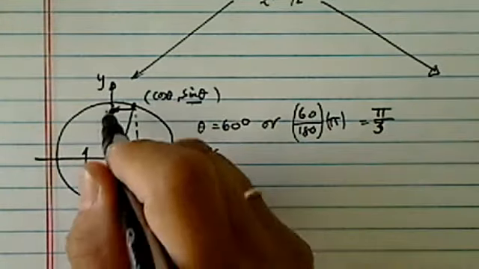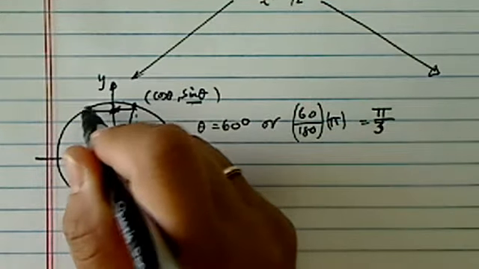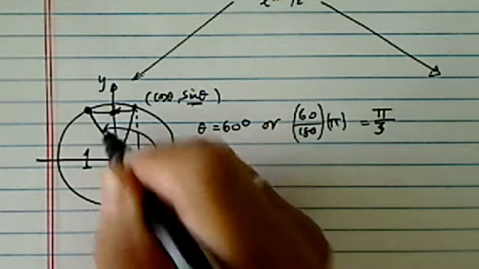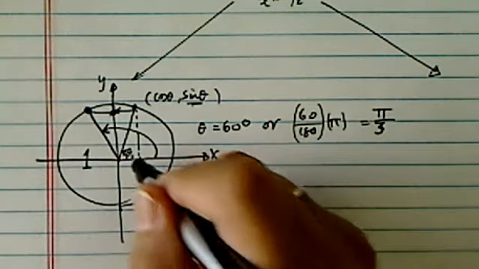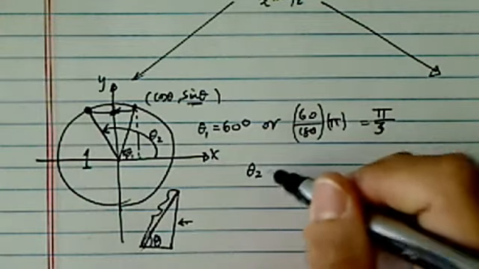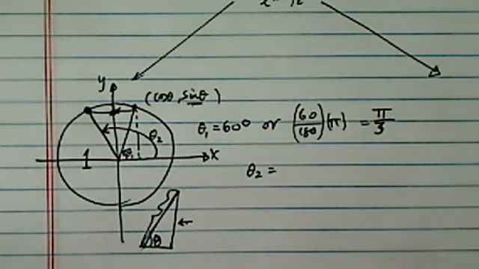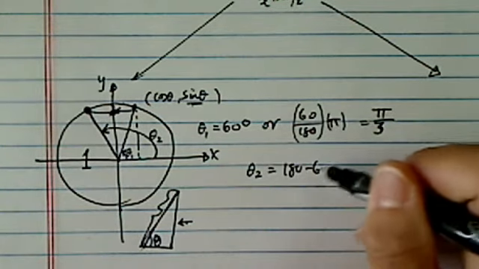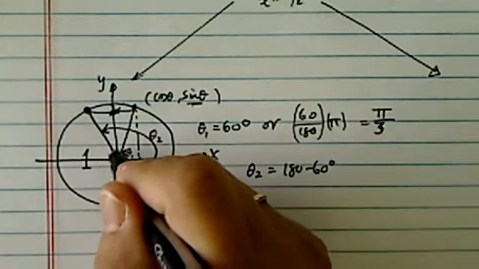There is, however, another angle on this side that gives you an identical sine value. So theta 1 is equal to 60. Theta 2 has exactly the same sine value, but the angle is different. This theta 2 is actually 180 minus 60 degrees. This is the 60 degrees here.